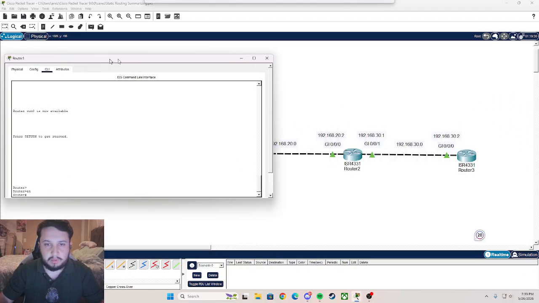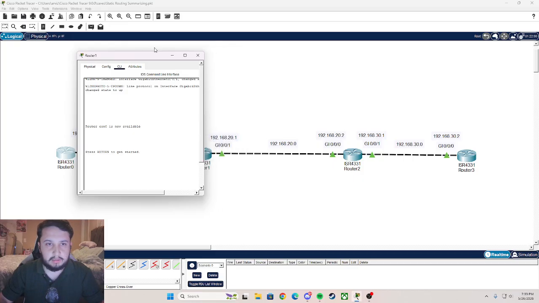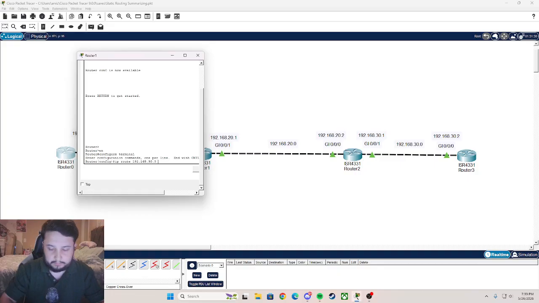So I'm going to have router 1. Top will be 68. See that?